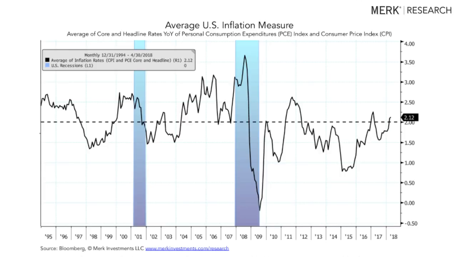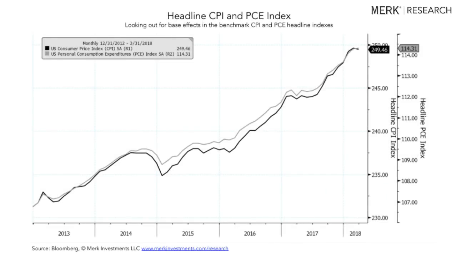Part of that is related to base effects, meaning that there was a kink in the inflation indexes from a year ago, which is best captured in the second chart. You can see that basically from March through the summer of last year, there was either a down kink or a flat period there.